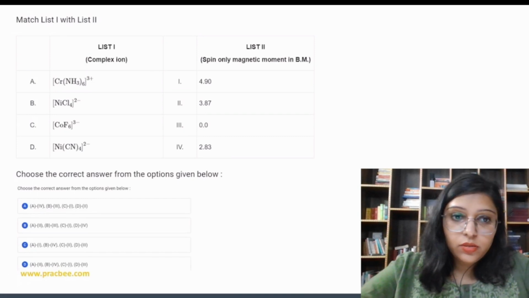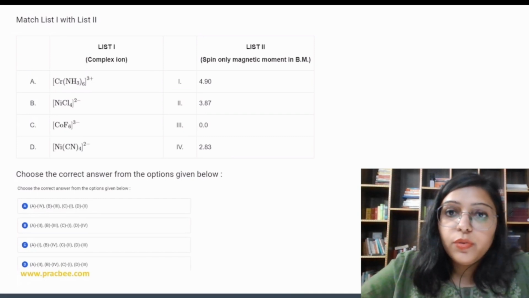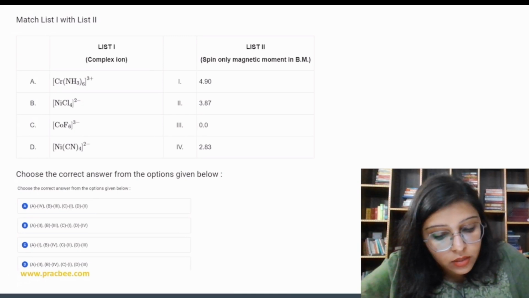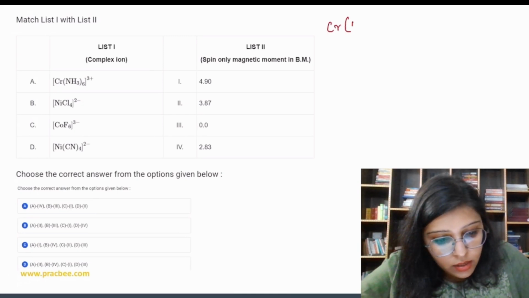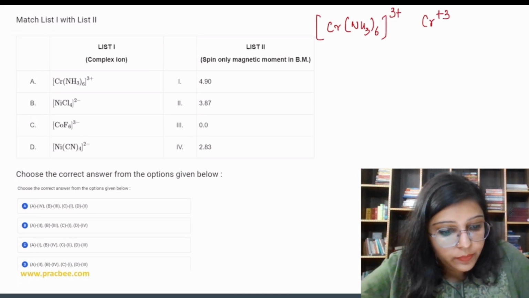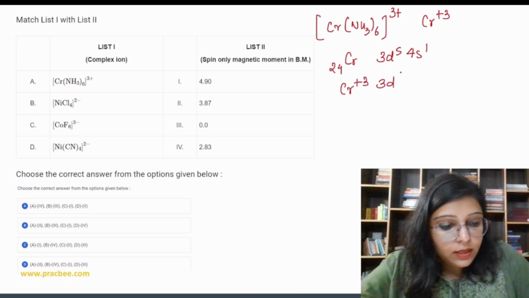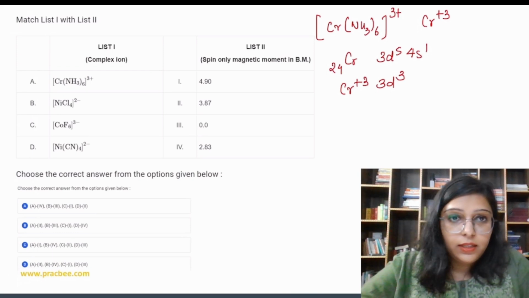Match list 1 with list 2. Okay, so we have [Cr(NH3)6]3+. Let's do this. Here Cr is in +3. Chromium is 24, which is 3d5 4s1, and Cr3+ is going to be 3d3.